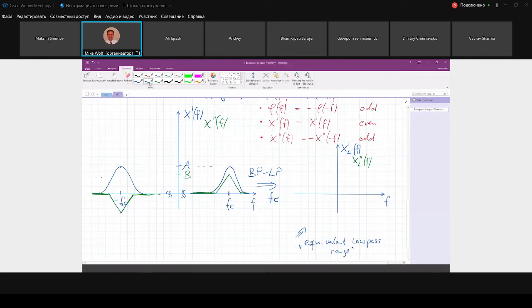So this means now our spectrum is here. It has exactly the same shape as before. But now the new center frequency is exactly 0. Here is 0, and what has been at Fc is now at 0. Quite easy.